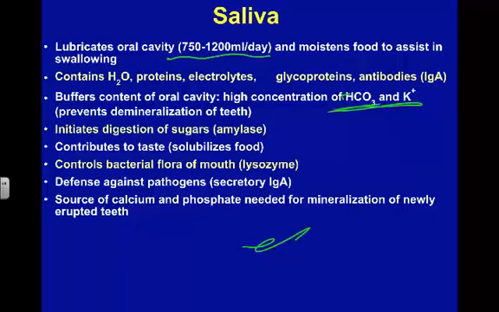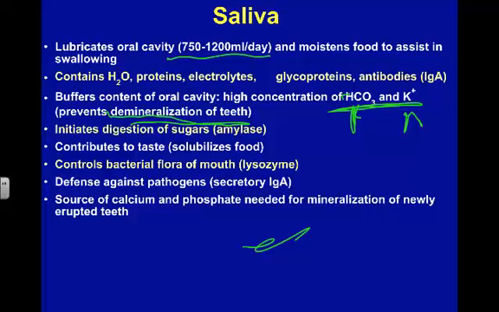It has to control the pH, so you have bicarbonate, phosphate, potassium, and sodium. The reason you need bicarbonate and potassium is that it prevents the demineralization of teeth. If you lower your bicarbonate and potassium levels, you're going to demineralize. You're going to lose bone mineral, okay?